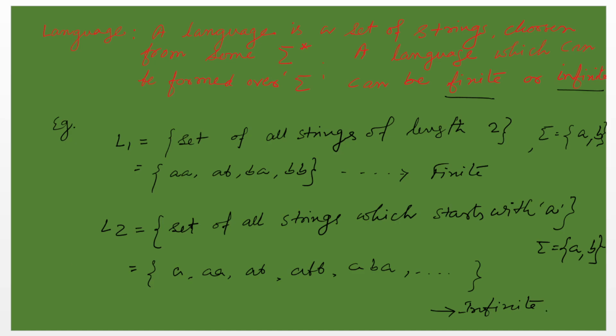Now, more specifically, we can say that this sigma star is basically a universal set. Suppose sigma equals {a, b}, the alphabet is a, b.